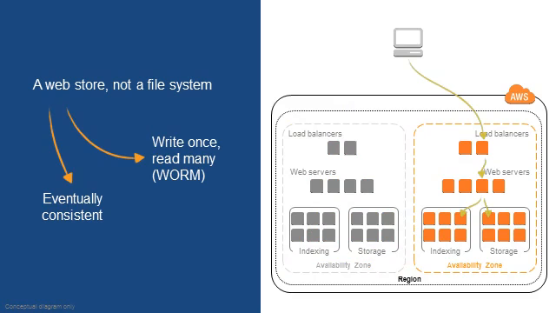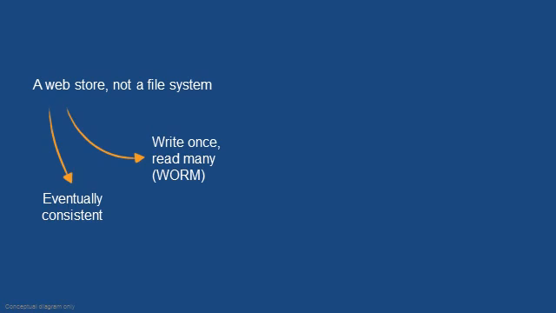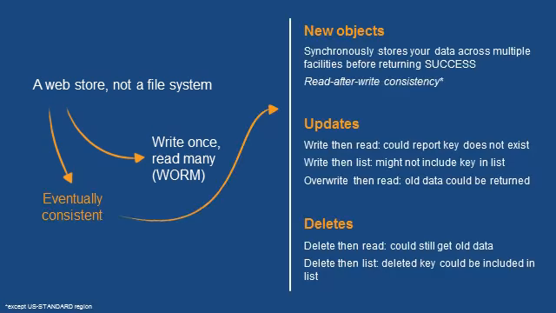Now, the way that it's architected, of course, leads to this eventually consistent characteristic. And what that eventually consistent characteristic means is that it may take a little bit of time for objects to become available once they've been written into the API, and also if an object is updated or deleted and then you very, very quickly attempt to do an object read, you might find that you get back either the old object, or in the case of a delete, you get back an object that's just been deleted.